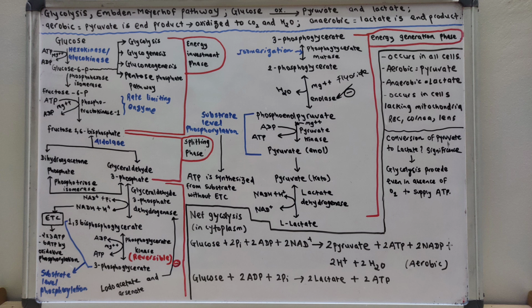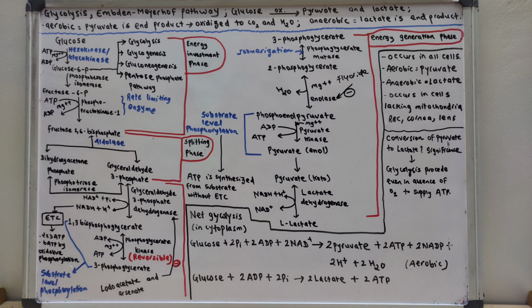The fructose 1,6 bis-phosphate is changed into 2 compounds, dihydroxyacetone phosphate and glyceraldehyde 3-phosphate by the action of the enzyme aldolase. What happens is that the dihydroxyacetone phosphate is also interchangeable to glyceraldehyde 3-phosphate by the action of the phosphotriose isomerase.